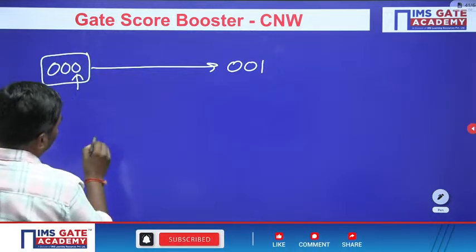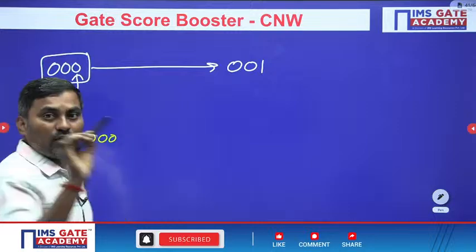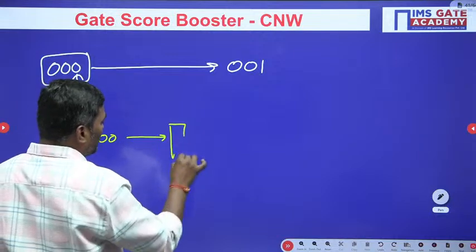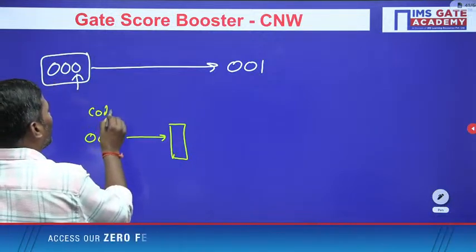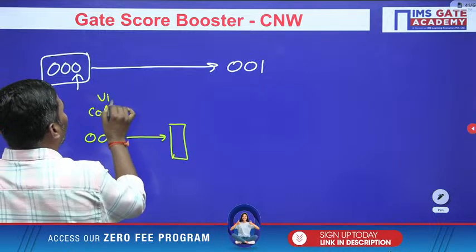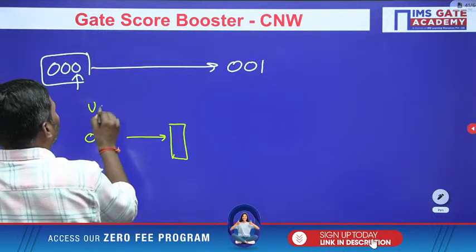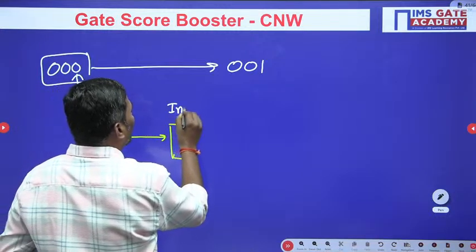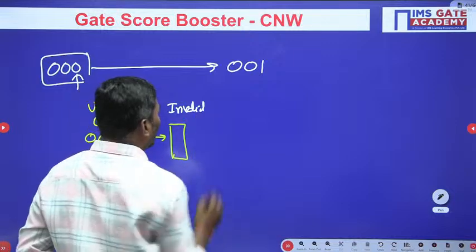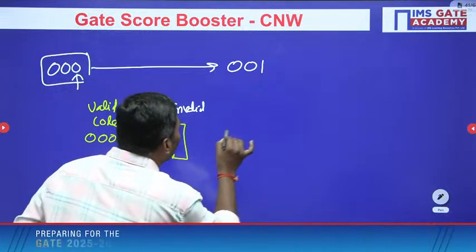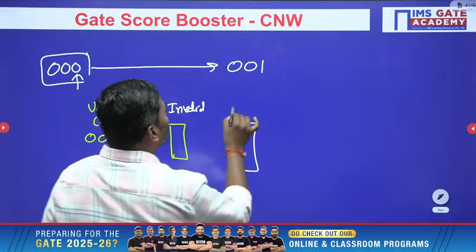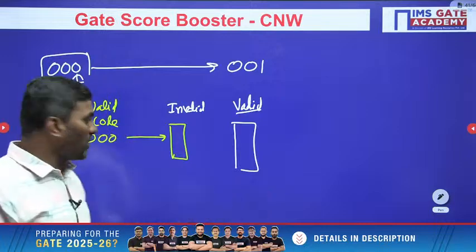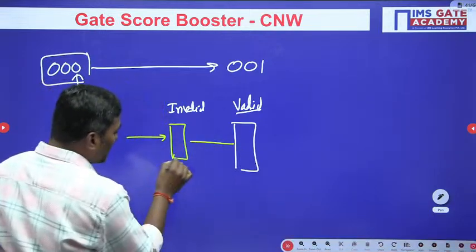Suppose you are sending one data like this. Carefully observe. If it changes to some form, this is a valid code word, and it became an invalid code word. If one more bit changes, there may be another valid code word somewhere. Now this is invalid, this is a valid one.